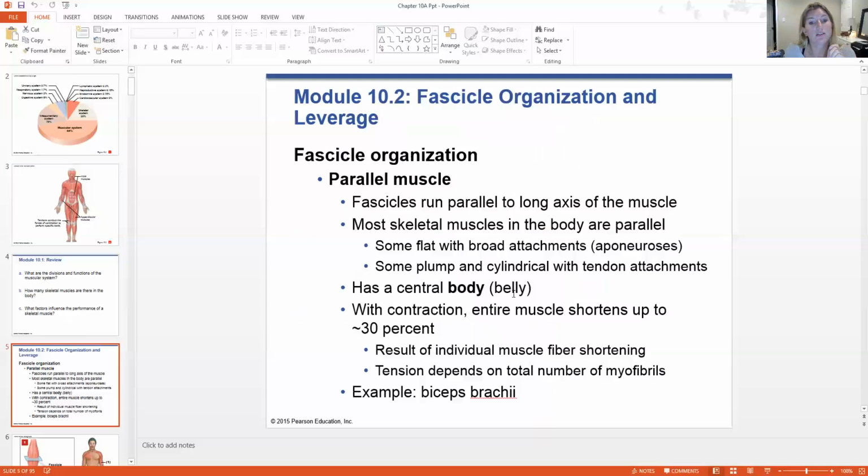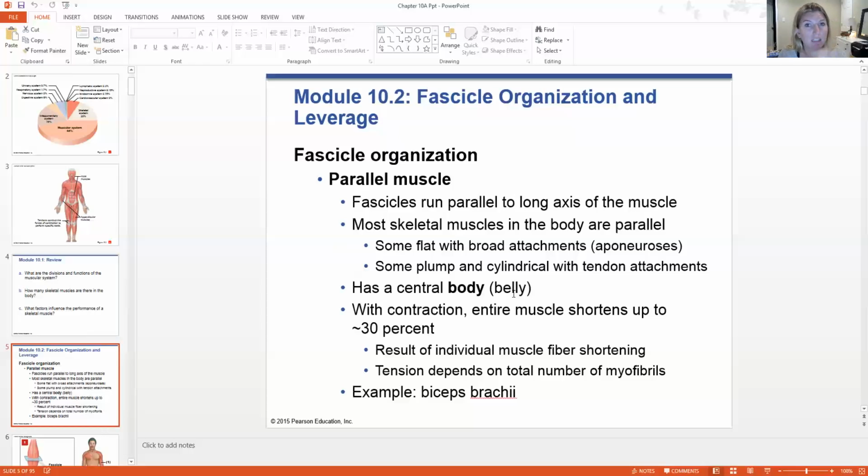So the fascicles can run parallel to the long axis of the body, usually, and this would be in a parallel muscle. So most skeletal muscles are parallel. Some have very broad attachments, like an aponeurosis. Some are very plump and cylindrical with tendon attachments. They typically have a round part, swelling almost.